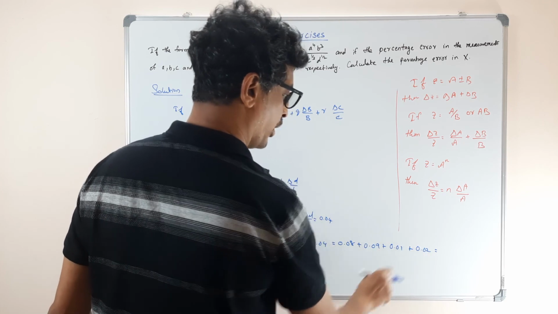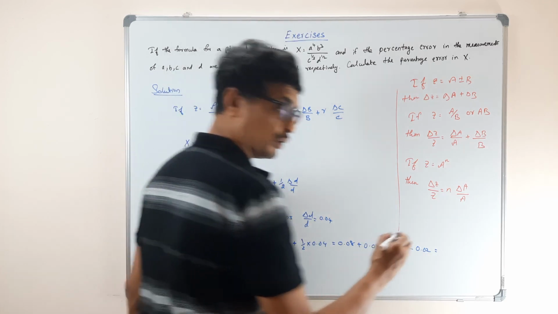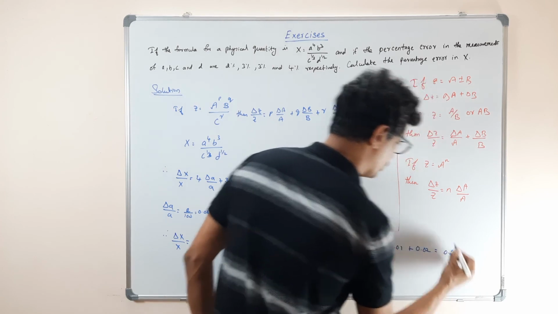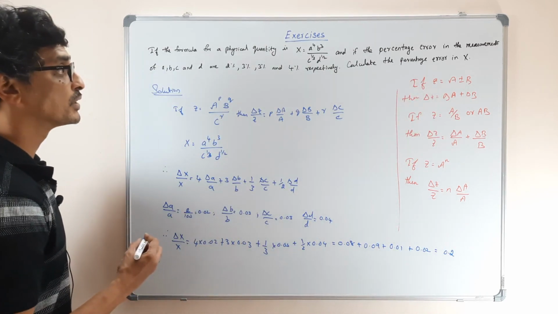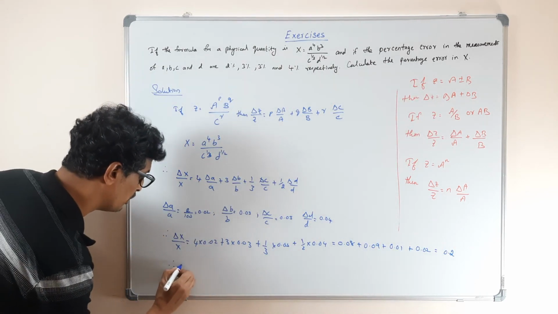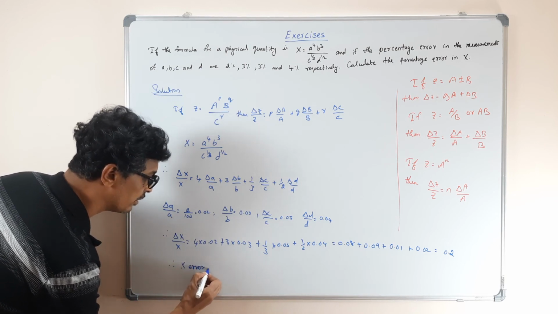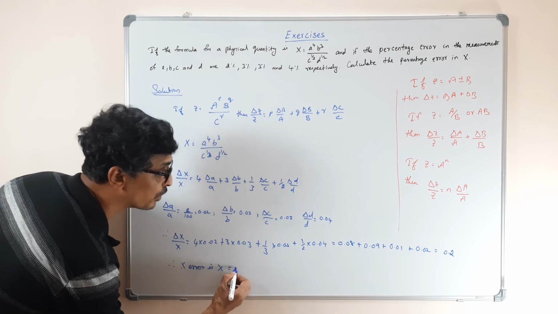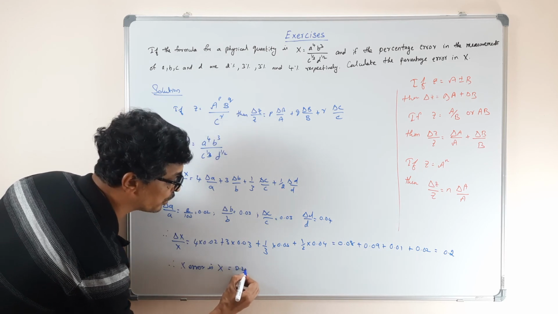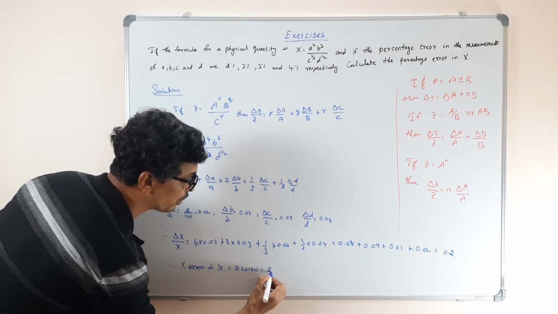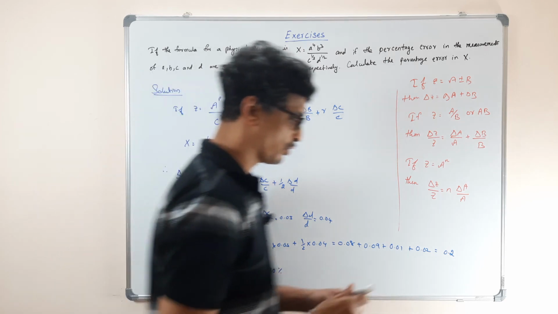This also becomes 0.1. So 0.1 plus 0.1, 0.2. What do you want to find? Percentage error. Therefore, percentage error in x is equal to 0.2 into 100. That's equal to 20%. That should be the answer.